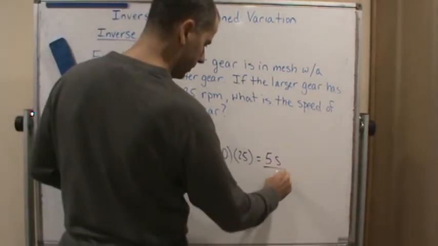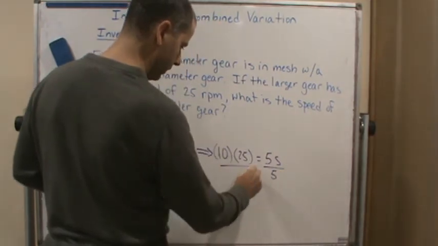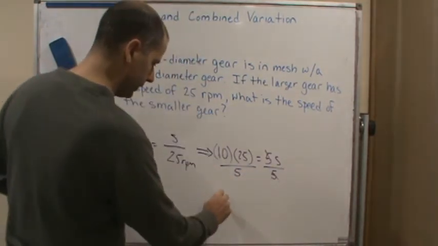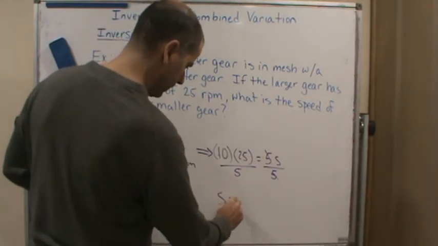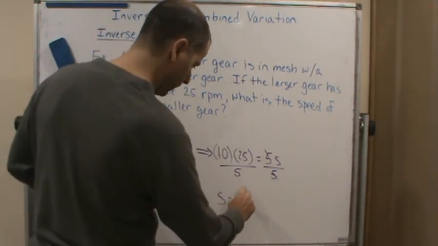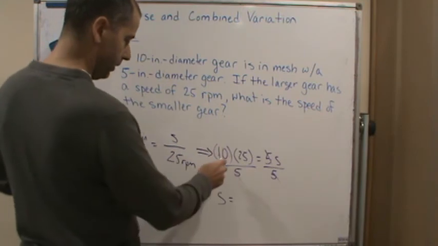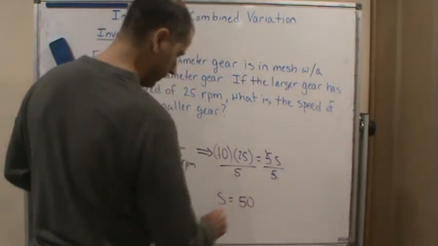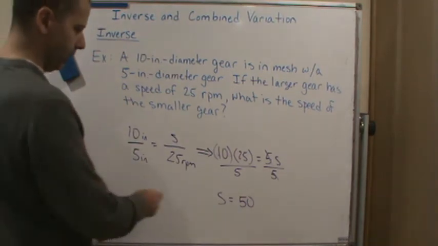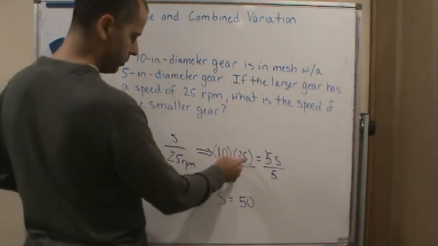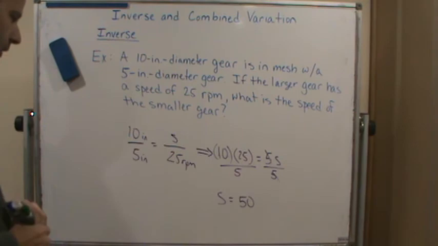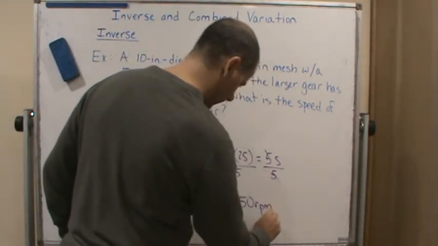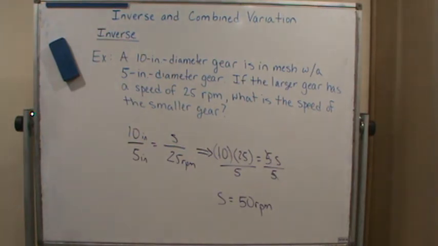And then of course, if we divide both sides by 5, we get s is equal to what? Well, we get 50. 10 divided by 5 is 2, and 2 times 25 is 50. So we get 50 what? 50 RPMs, revolutions per minute.